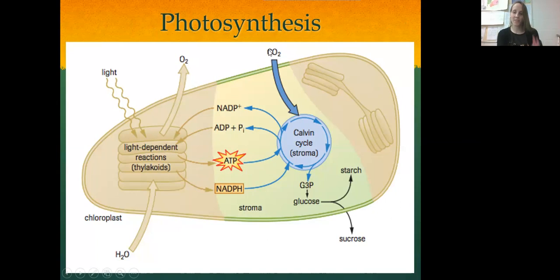The Calvin cycle fixes the carbon dioxide into G3P and then glucose using the energy from the NADPH and the energy from the ATP. When the ATP's energy is used, it breaks apart again, so it goes back to ADP, and that last phosphate on the ATP gets broken off.